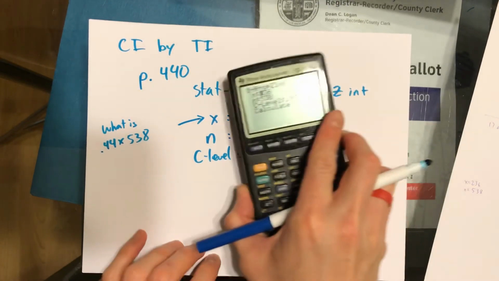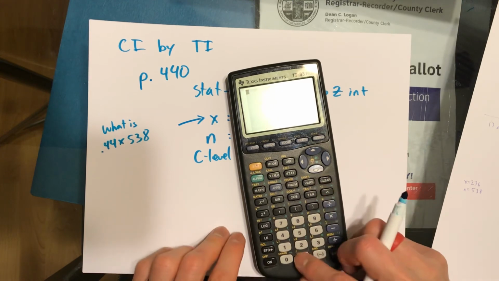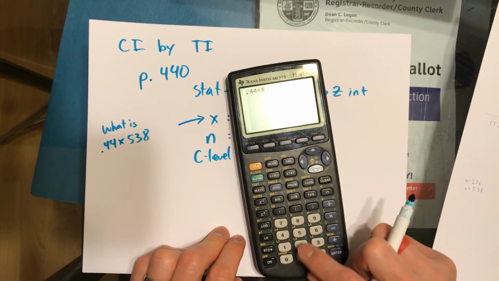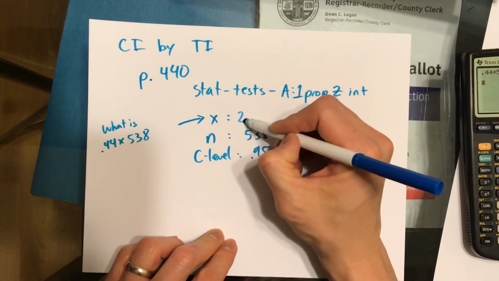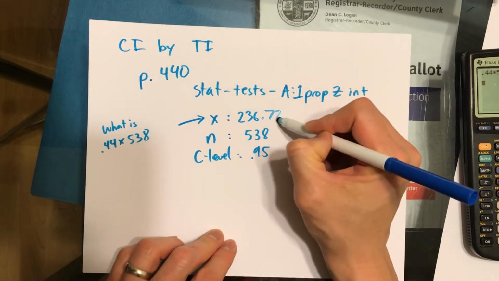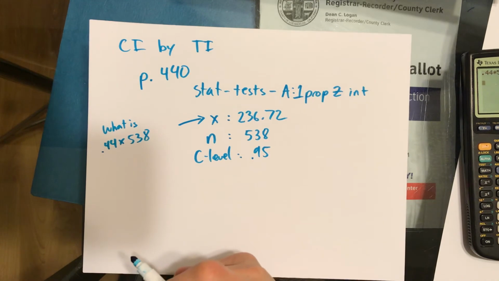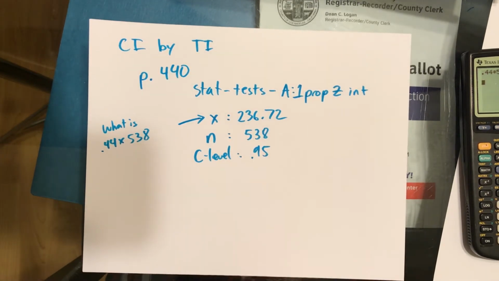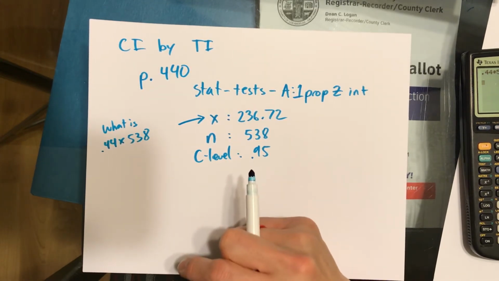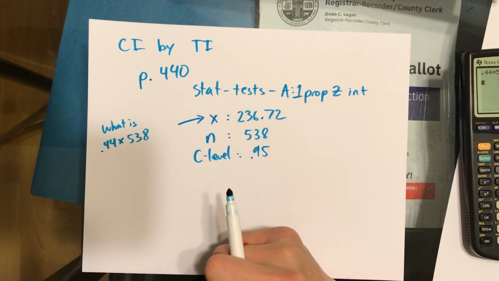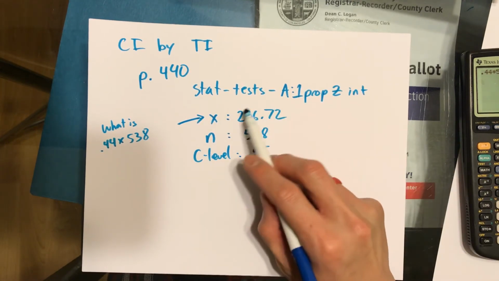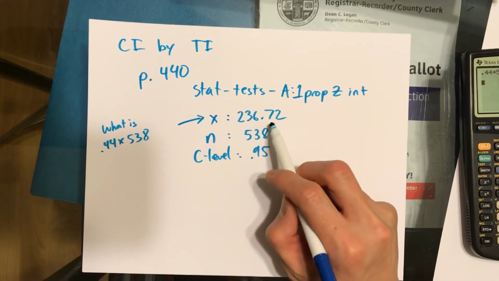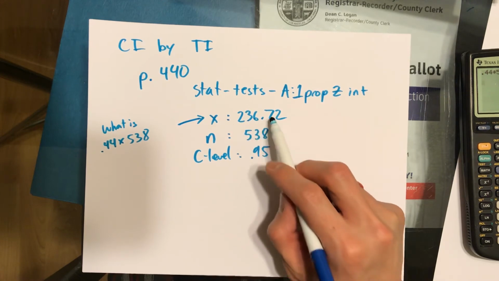Okay, so in your calculator, if you put this in, 0.44 times 538, okay, you get a number of 236.72. Okay, so now all you gotta do, put that in, hit enter, and you get, I think it says something like error. So they won't take a decimal right here. When I say they, I mean the calculator. It has to be a whole number.